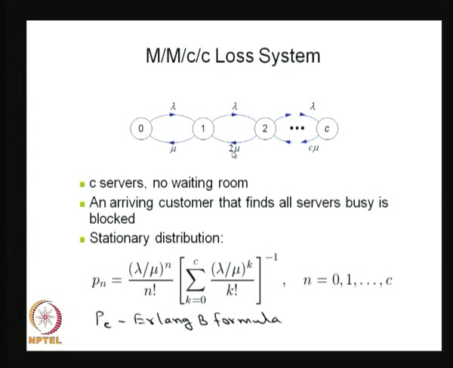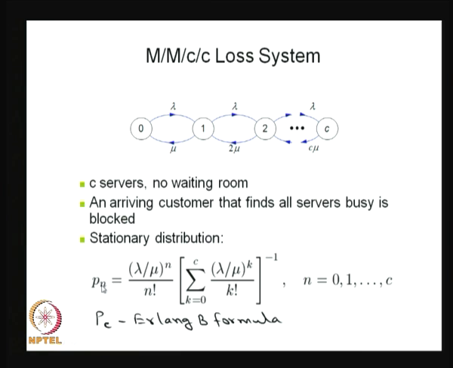Therefore, the time is exponentially distributed with the sum of those parameters accordingly. Therefore, it is going to be 1 mu, 2 mu till C mu. Since it is a finite capacity, it is an irreducible model, positive recurrent. Therefore, the steady state probability exists, limiting probabilities also exist, and that is the same as the equilibrium probabilities also.